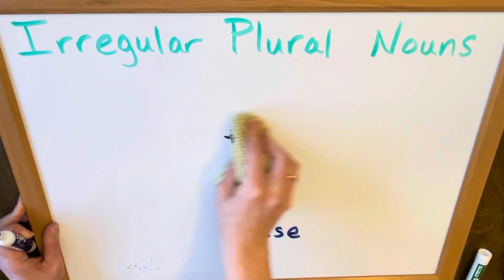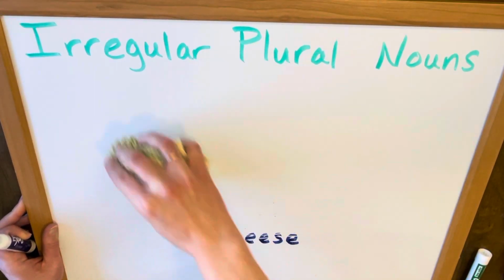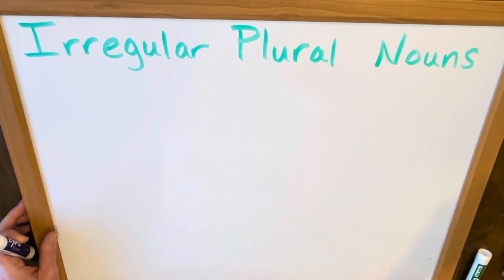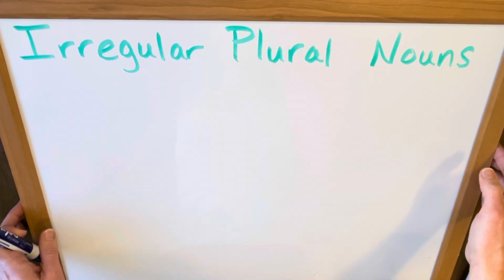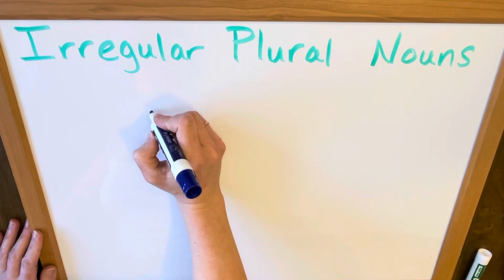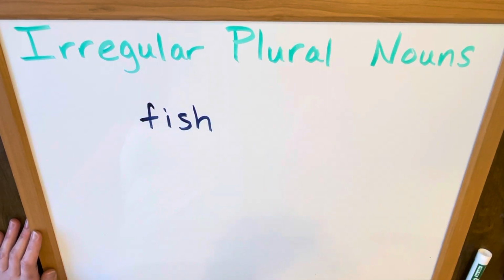Now, there's a few other ones that are even trickier, and I want to go over those really quick. Okay, these are also irregular, but they're super tricky. Like, if I see one fish, I would call it a fish, right?